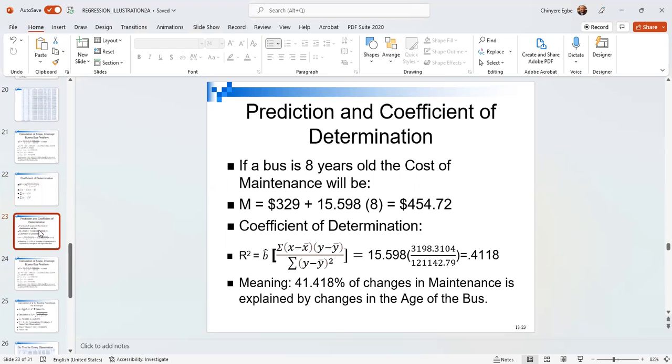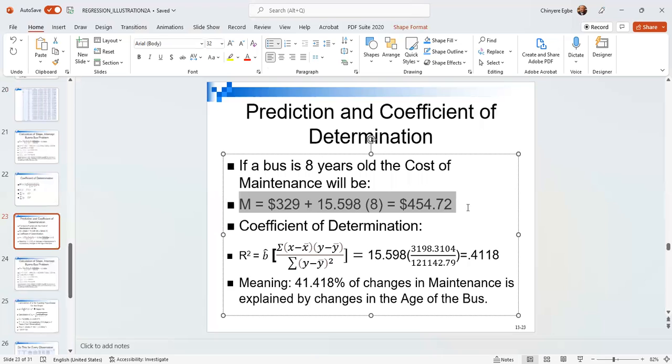We have a model equation that says the minimum cost of maintaining a vehicle is $329, which is our A hat, plus an additional $15.59 per year. For a bus that is 8 years old, the annual cost of maintenance will be $329 plus 15.59 times 8, which is, for vehicles that are 8 years old, an annual maintenance cost of $454.